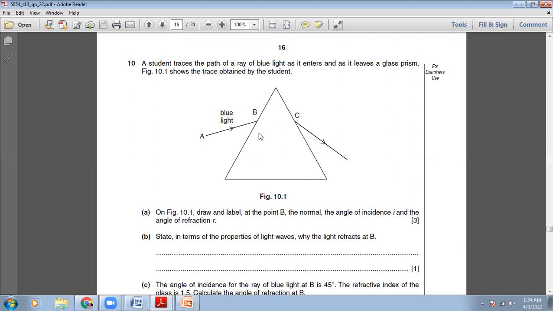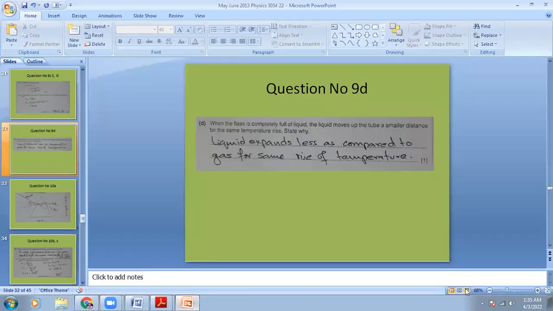That will be the normal. The normal makes a 90-degree angle with the surface of the prism. And then the angle between the incident ray and the normal will be i. I will join this point B and the point C with each other with a straight line. And the angle between this refracted ray and the normal inside the prism will be the angle of refraction. So let me show you.